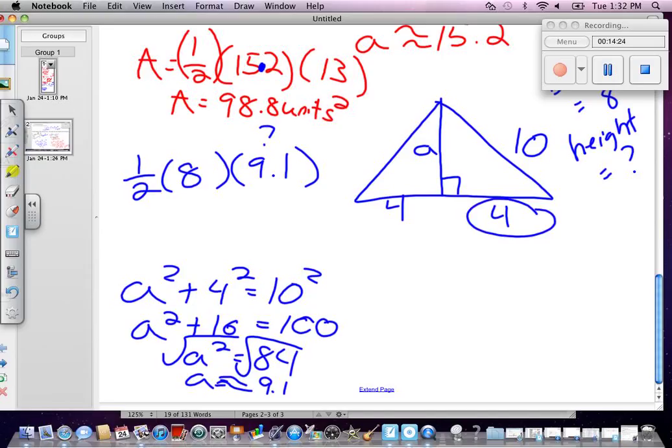Which is why I used the 4 to find out what A is. But when I'm finding the area, I have to use the whole base of the triangle. I guess you could find half the base and then double it. 0.5 times 8 times 9.1 gives us 36.4 units squared.